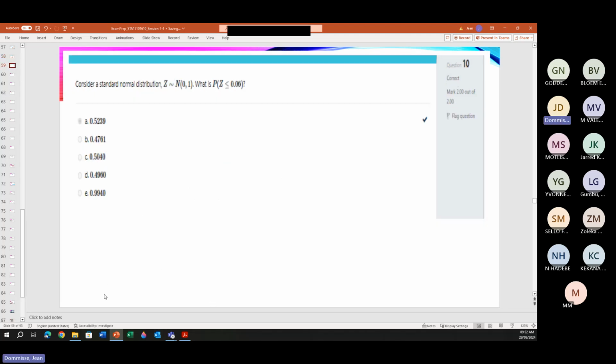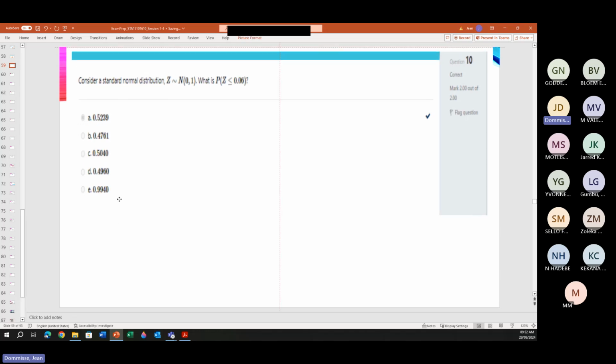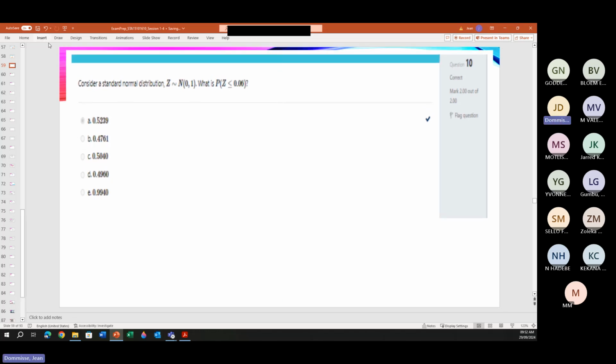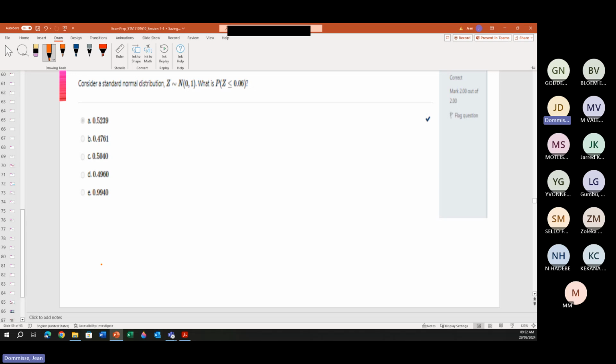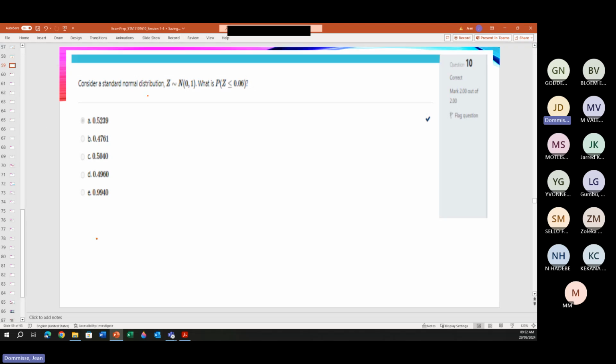Okay, then they also sometimes do something like this, where somewhere in the study guide they would have mentioned what this referencing is. So this is just saying consider standard normal distribution where Z is normally distributed, mean of 0, standard deviation of 1.